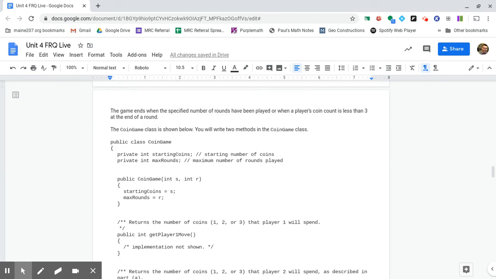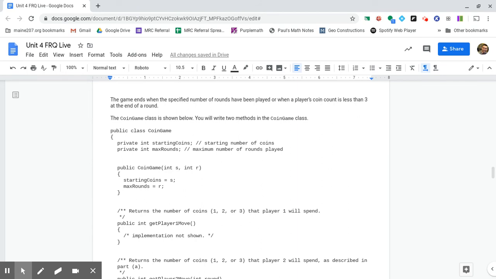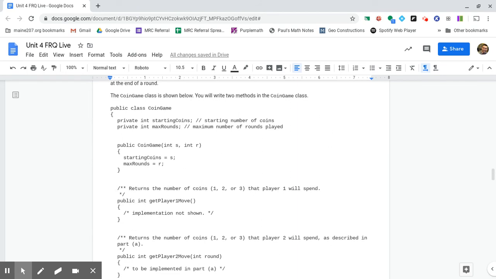This is the backbone of the class, the generic class right here. We know that the class has attributes or instance variables of starting coins and max rounds, which will be set when the coin game is constructed. It'll set the starting coins to whatever S is, and the max rounds to whatever R is.